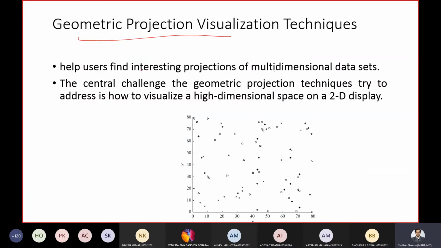For such purposes, we use geometric projection. Okay. So here, geometric projection is mainly used to find intrinsic projections in a multi-dimensional data set on a multi-dimensional space.